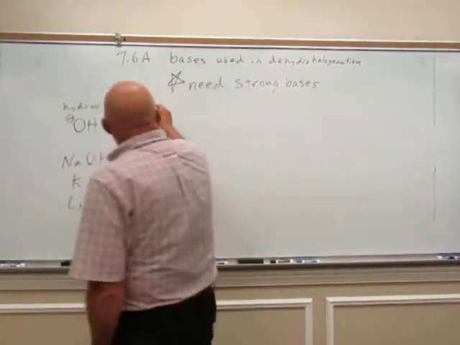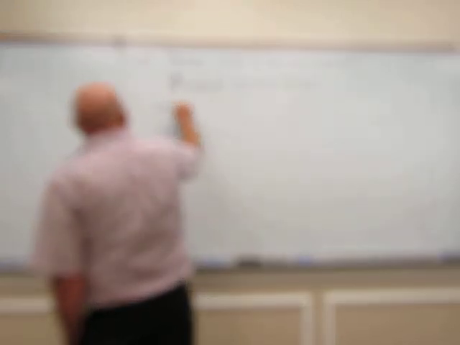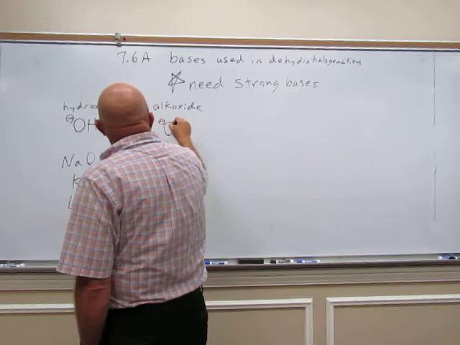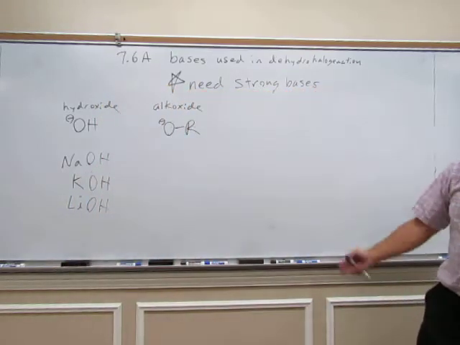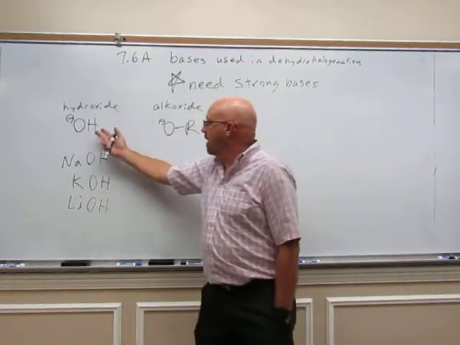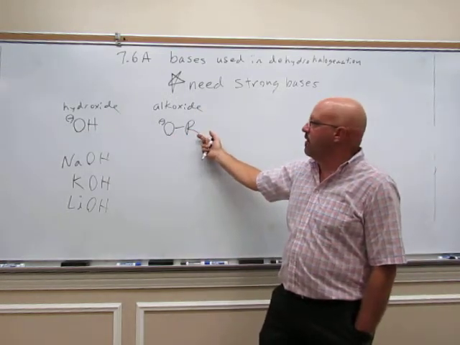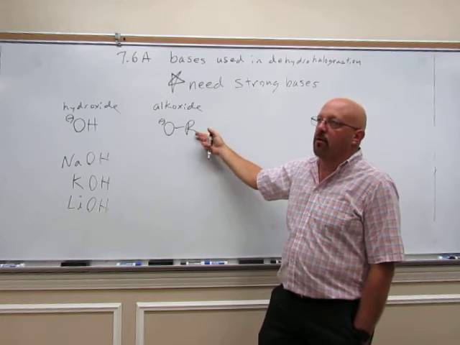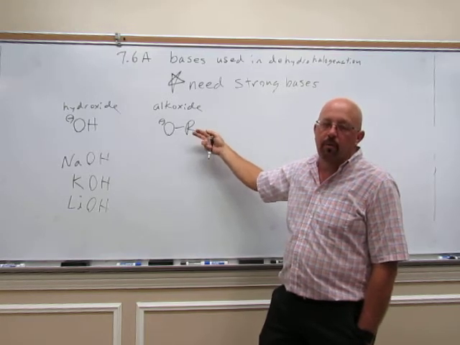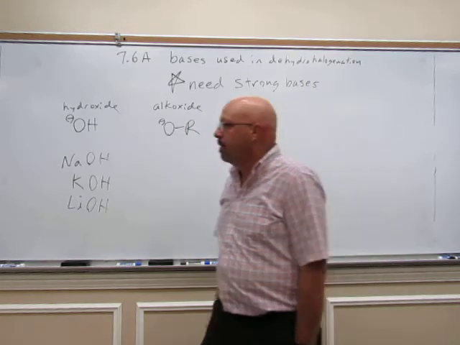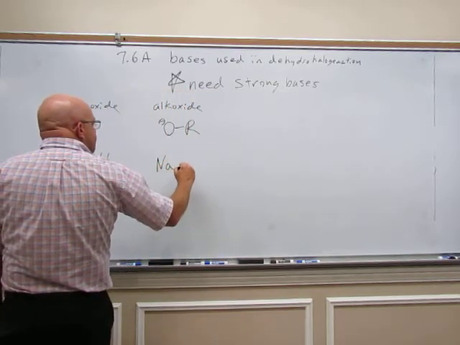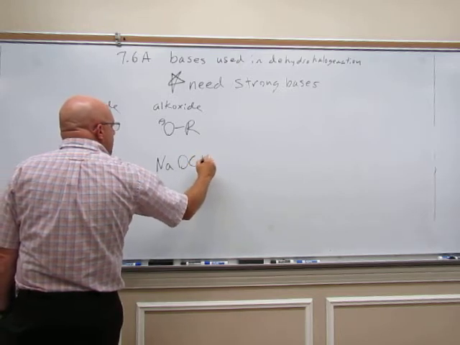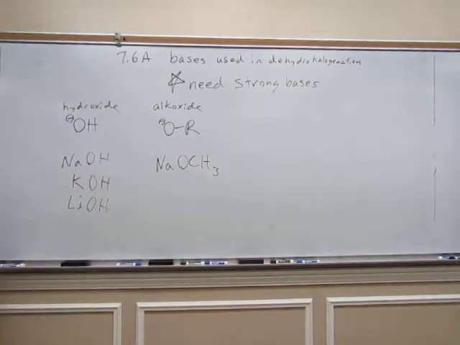We said an alkoxide was a strong base. It's where you have a full negative charge on the oxygen. So it's the same as the hydroxide, just we've got an R group out there instead of a hydrogen. Doesn't matter what the R group is. It could be a methyl group, ethyl group, propyl group, butyl group. Doesn't matter. So this could be things like sodium methoxide. Strong base.